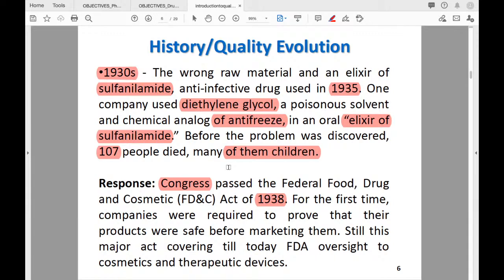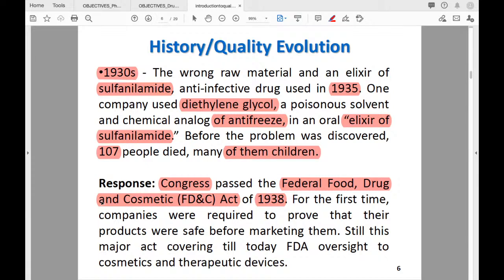It takes a lot of rules and regulations, and passing through many levels. You can see from 1930 to 1938, it took them 8 years to bring that bill, the Federal Food, Drug, and Cosmetic Act.